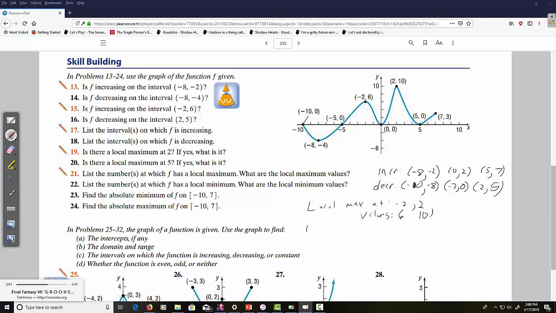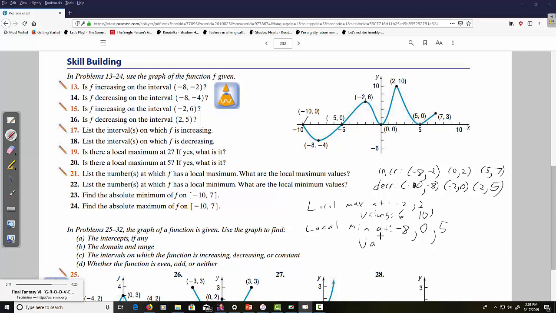All right, local min. At, let's see, right here, -8. Where else? Right there, 0. And also at 5.